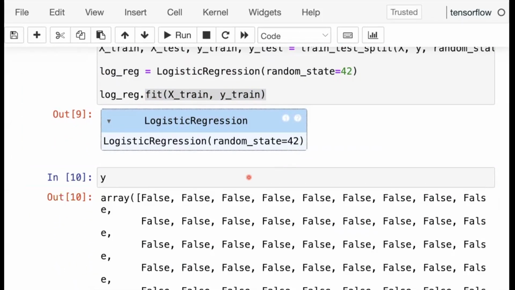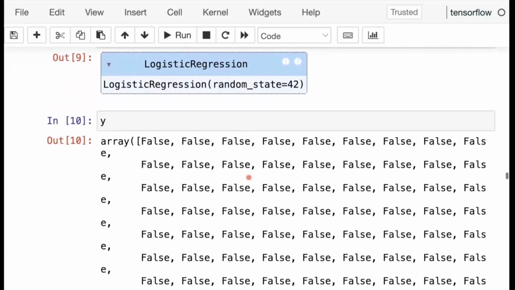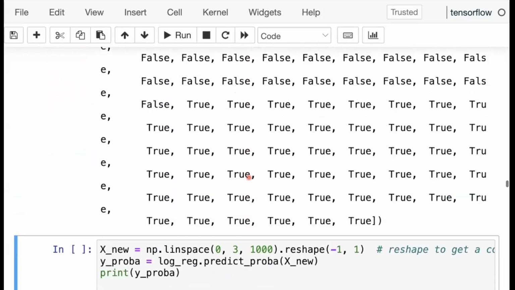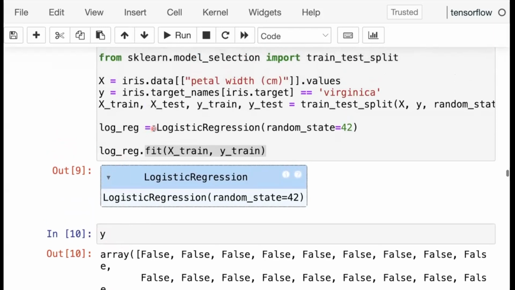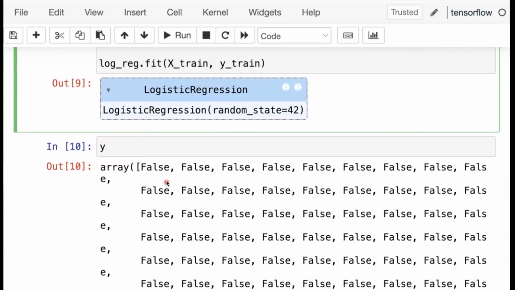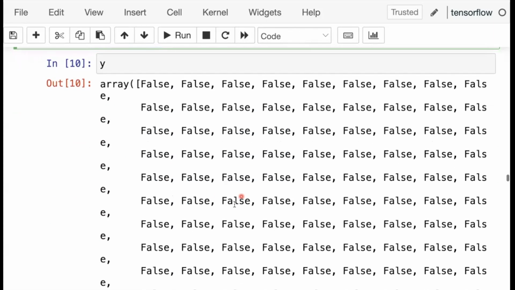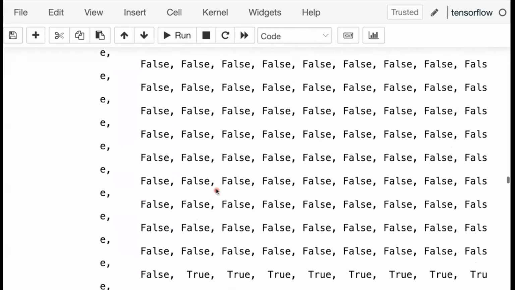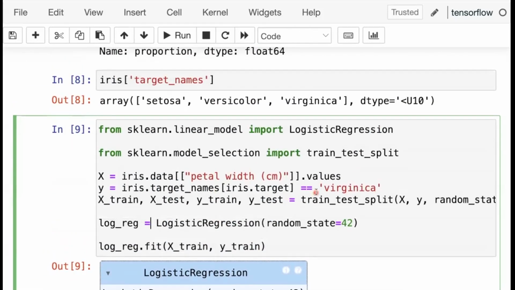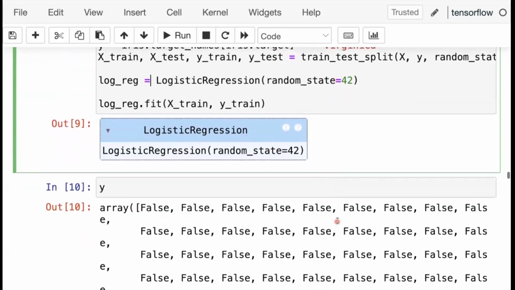So something I want to show you here is that the output Y that we want to use here, the targets, are actually in the form of a binary classification problem because they're either false or trues, depending on whether the type is Virginica or not.